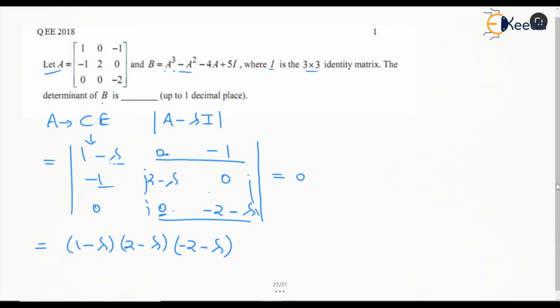That means the minor for A21 is going to be 0, and for A31, the element itself is 0, so we don't have to calculate the minor. So we can directly say this is going to be this much. So we can expand this, and this is going to be lambda cube minus lambda square minus 4 lambda plus 4 equal to 0.